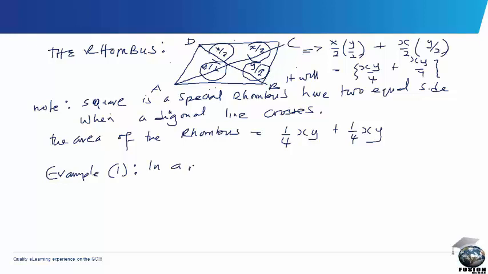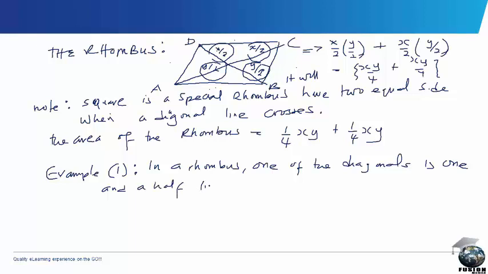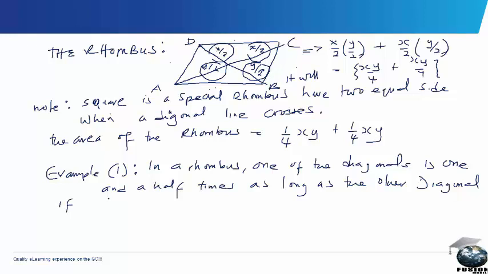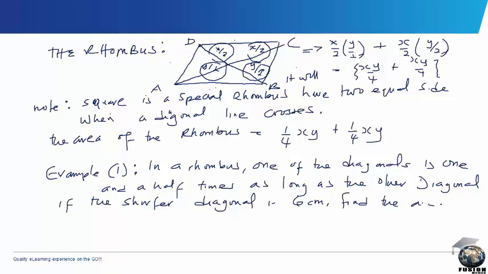Example: in a rhombus, one of the diagonals is 1.5 times as long as the other diagonal. Now if the shorter diagonal is 6 cm, find the area of the rhombus.